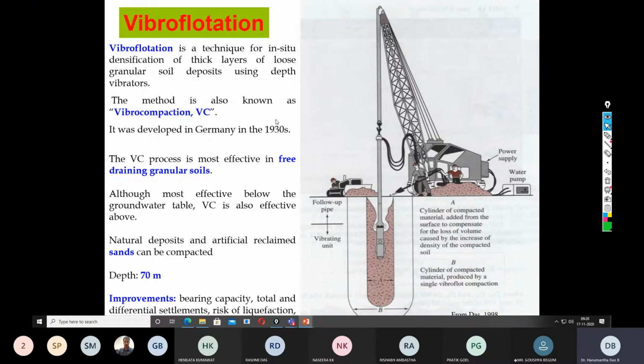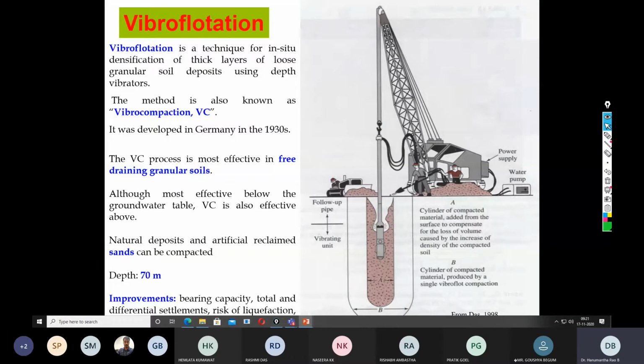Vibro flotation is one of the in situ techniques of densifying the soil. There are several names for vibro flotation. Vibro flotation is a technique within which we normally discuss another three terms: vibro compaction, vibro replacement, and vibro displacement.